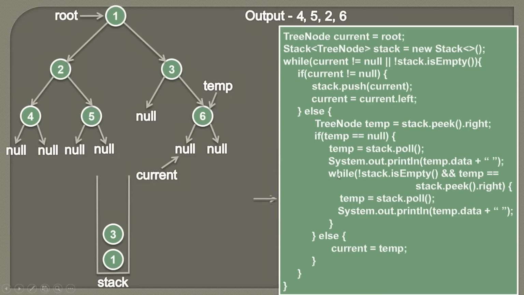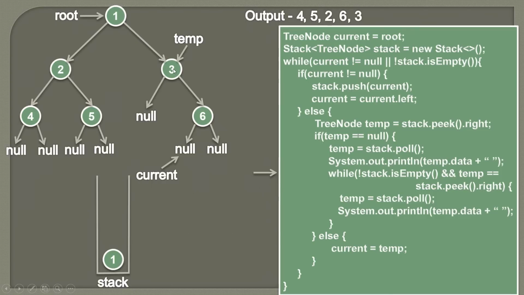So here we poll the parent out and temp will point to 3. We visit 3 and we again encounter the while loop. So friends, here you can see that this while loop is provided because if this is the condition here, then stack is not empty.